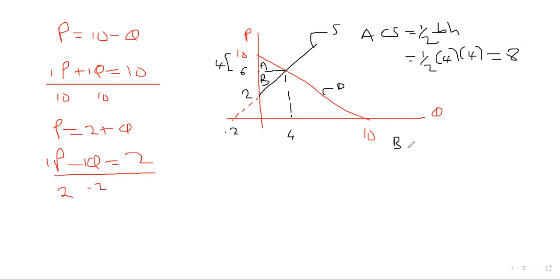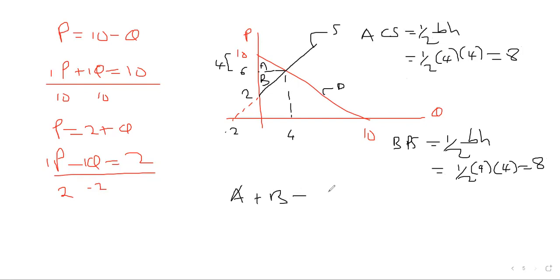When you go to the B, the producer surplus is half BH. Our base is still what? 4. The height is still 4. So 4 times 4 is 16. 16 divided by 2 is 8. So area A plus area B is 8 plus 8, which is what? 16.